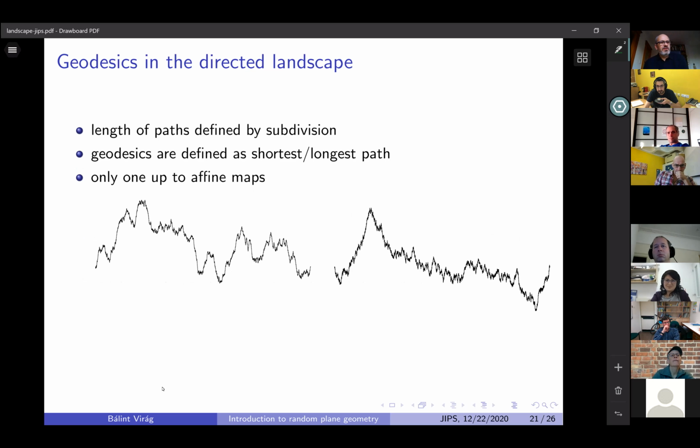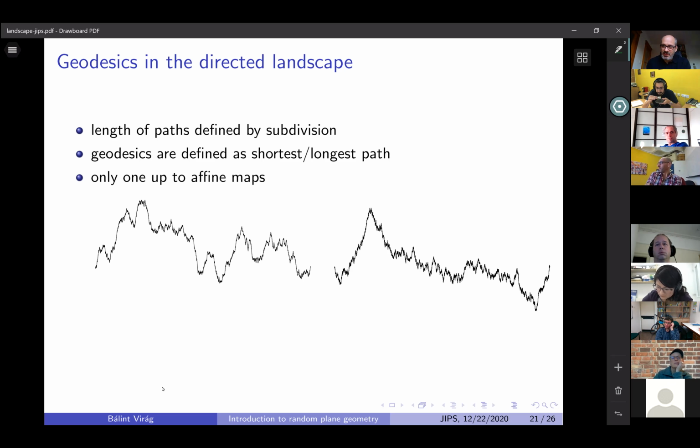Of course, there are geodesics between two endpoints, but these two endpoints you can move by affine maps, and there is some kind of affine scaling invariance of this limit. So there is kind of a universal geodesic there. If you have two fixed points, then with probability 1, there is only one geodesic between those two fixed points, although there are special points where there is more than one geodesic.